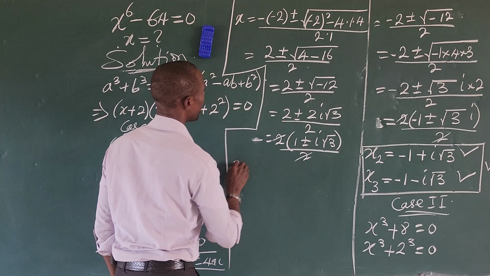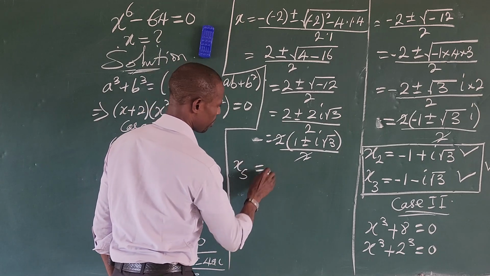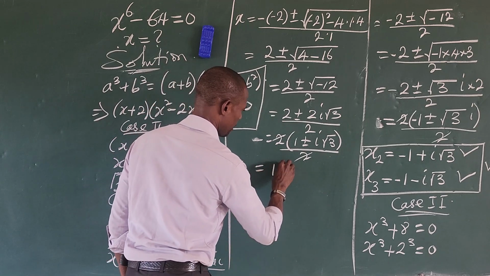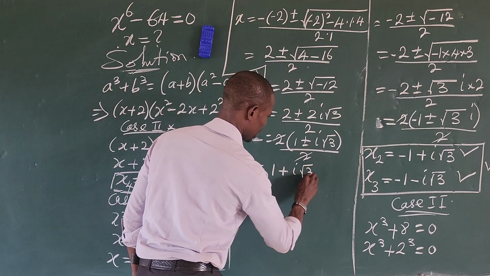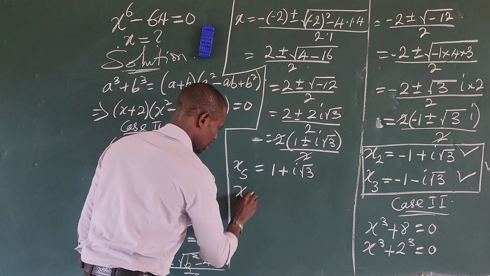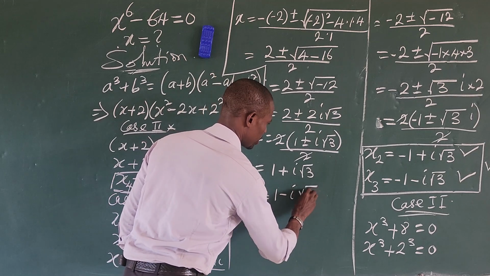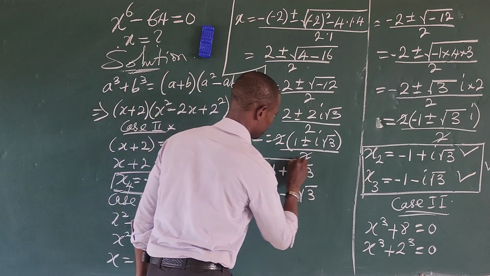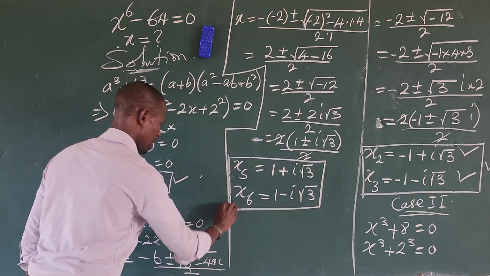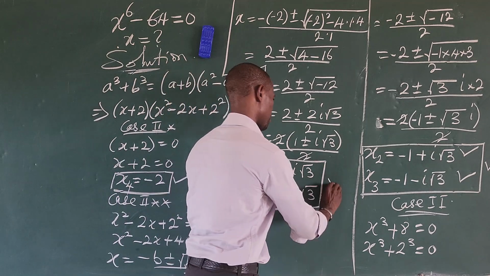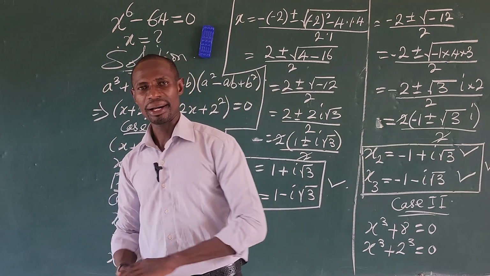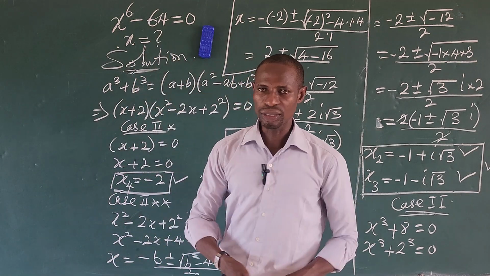So x5 will now be equal to 1 plus iota root 3, and x6 will be equal to 1 minus iota root 3. Wow, so these are the 6 roots to our exponential equation.